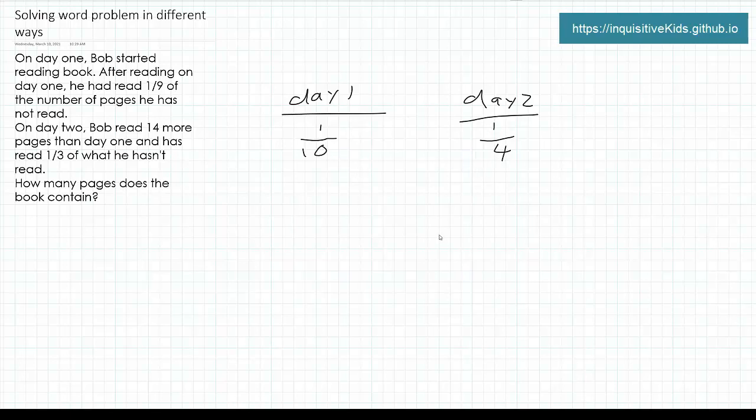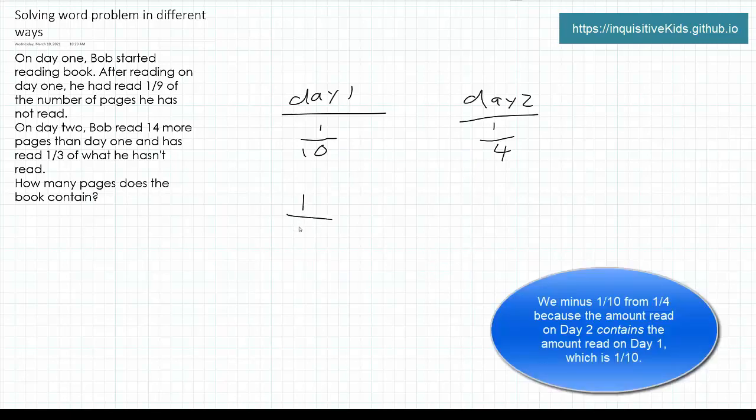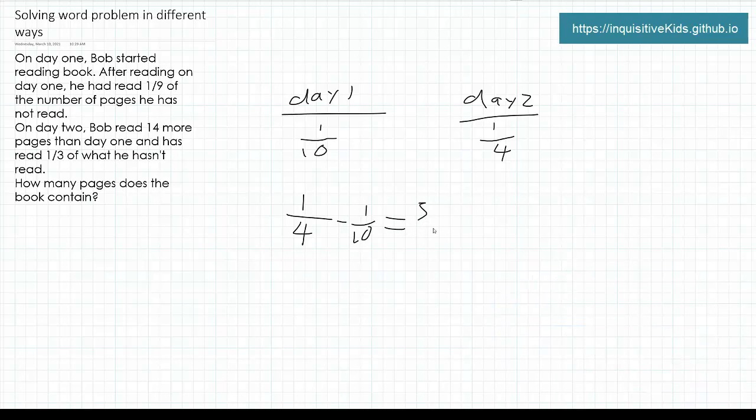And then to find out how much Bob read on day 2, we minus 1/10 from 1/4, which is 3/20.